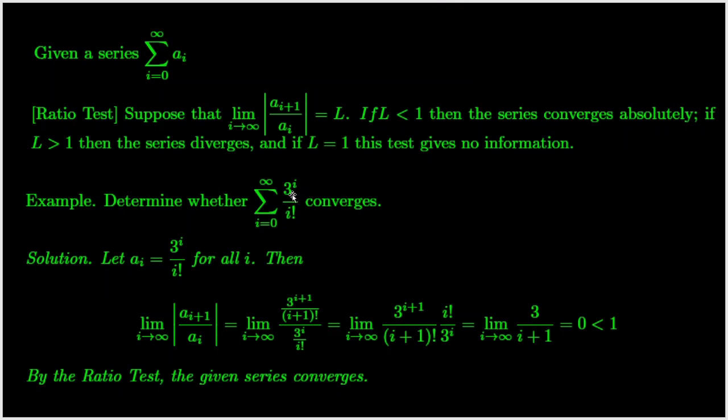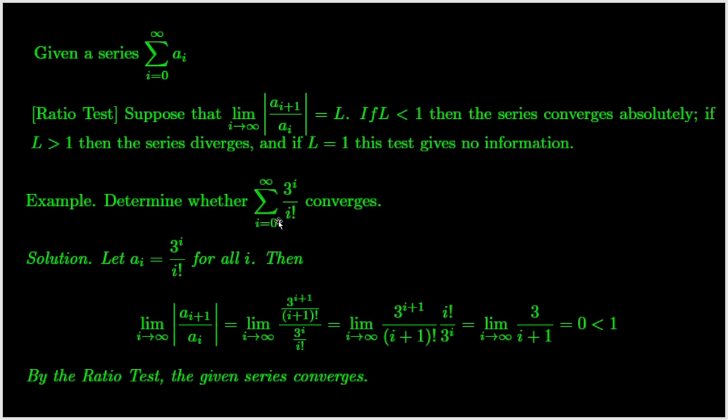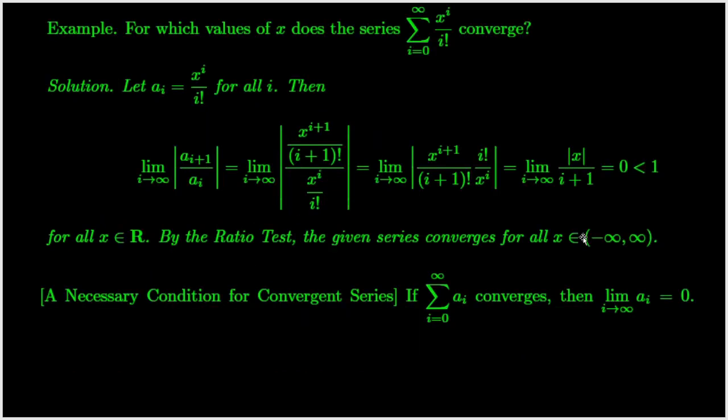So do you see that? When the x value is 3, this question becomes that question, right? The same idea, actually. Again, identify a_i, term i. And then you try to compute the limit of the absolute value of the ratio. The ratio is taken a_(i+1) over a_i, right? The absolute value of that.